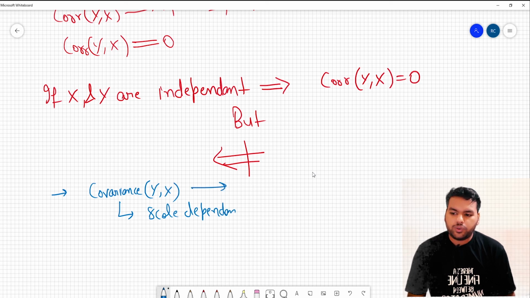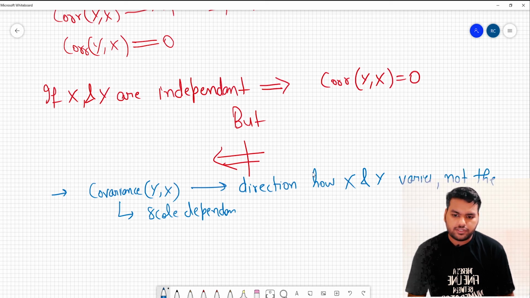It only tells the direction of how x and y vary, not the strength, that is, how much they are varying. As we know, it has a drawback, it is scale dependent.